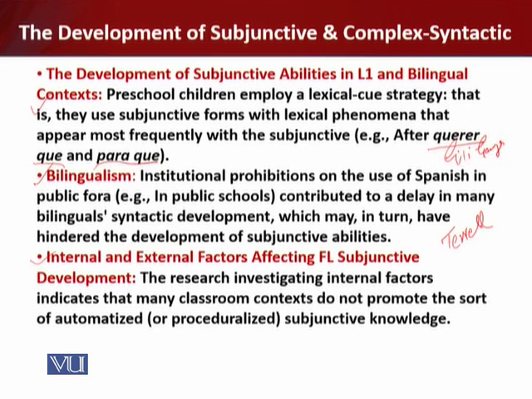In a writing task, the subjects employed the subjunctive with 92% accuracy. In an oral conversational task, the learners' subjunctive accuracy averaged only 12.3%.